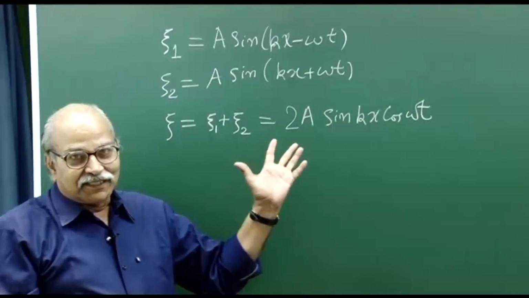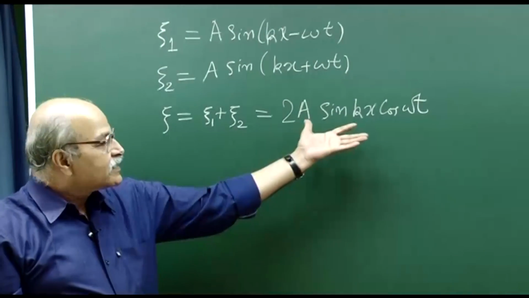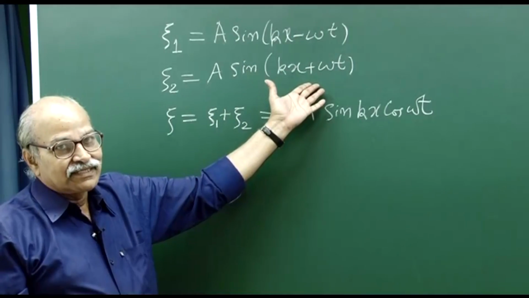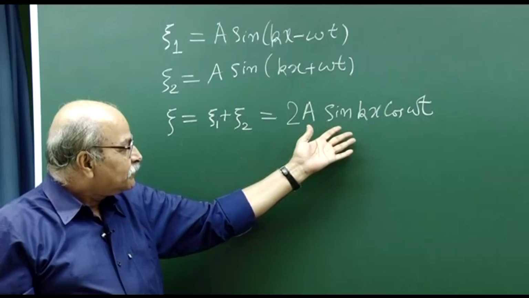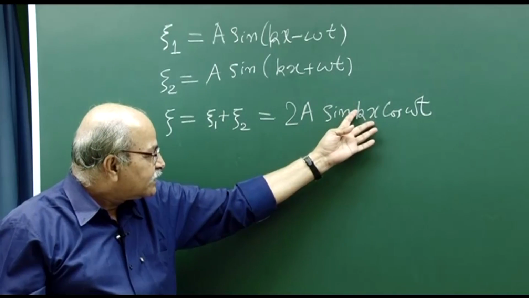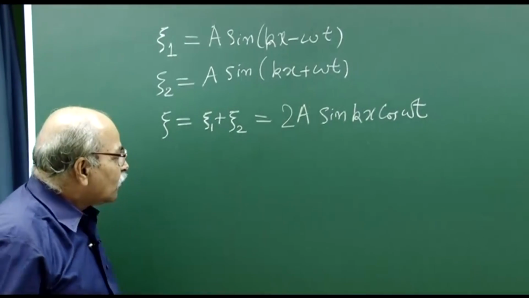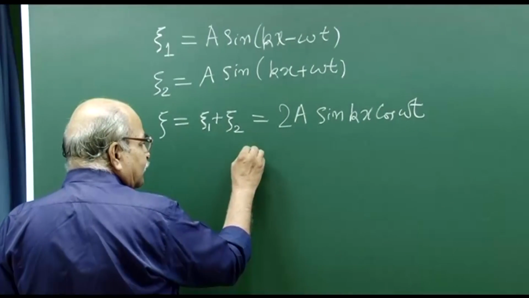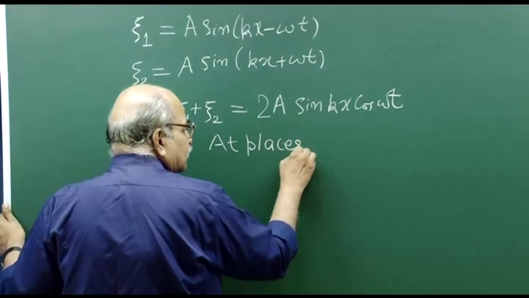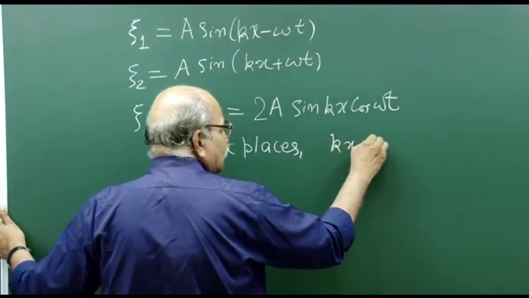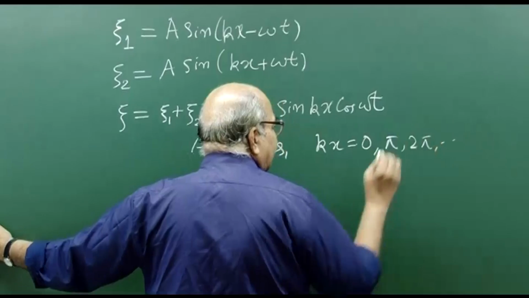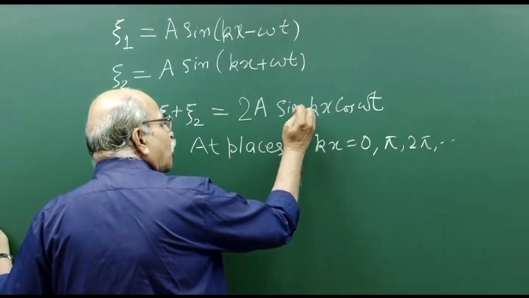Now, there is a very special thing about this. It contains two waves, one going in positive x direction, another going in negative x direction. But then at places where this kx is 0 or an integral multiple of pi, so at places where this kx is equal to 0, pi, 2 pi, at these places this is always 0.